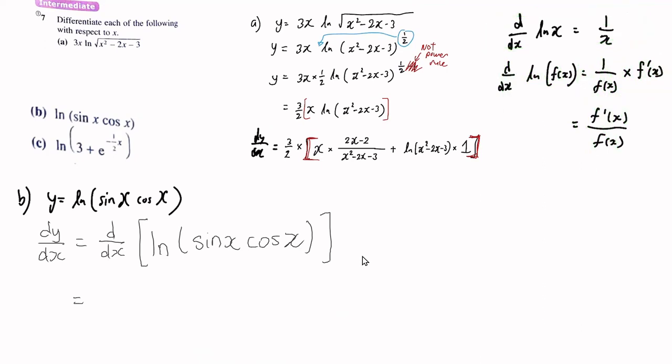Yeah, so ln of whatever is inside just goes to the bottom. On top, over down. Then now whatever is inside, differentiate. Minus sine x.